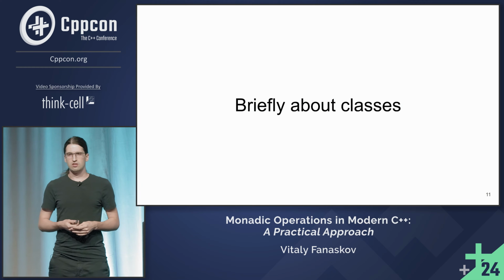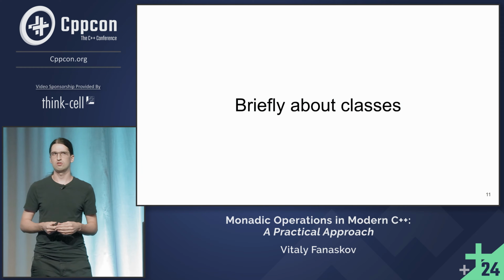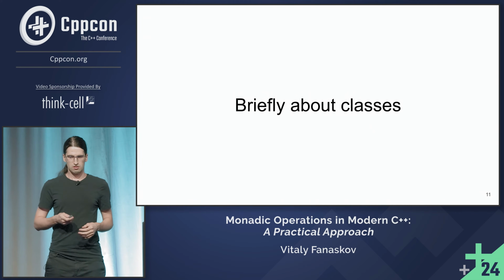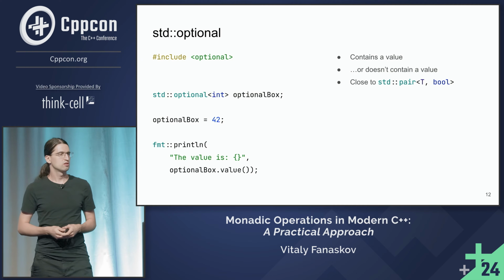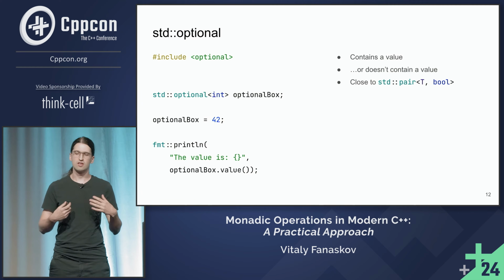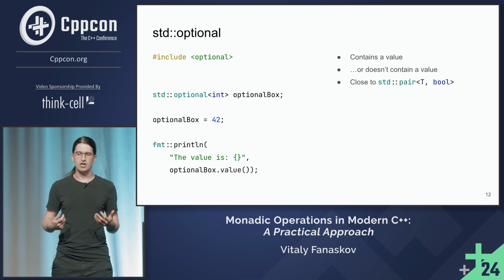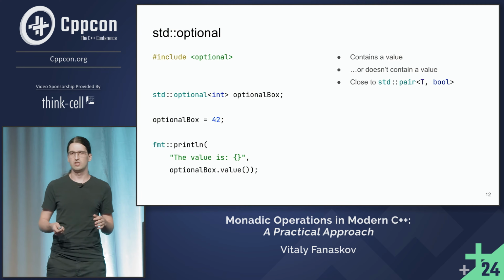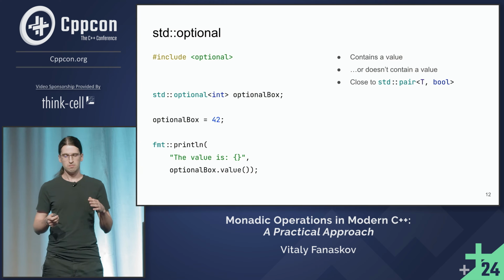Now let's talk about classes optional and expected. There were many good talks during the conference, so I will not dive deep into it, just talk very briefly. The first thing is std::optional. The closest abstraction, or we can think about it like a pair of a certain type and a bool, which is not like this in all implementations, but still it's easy to understand.